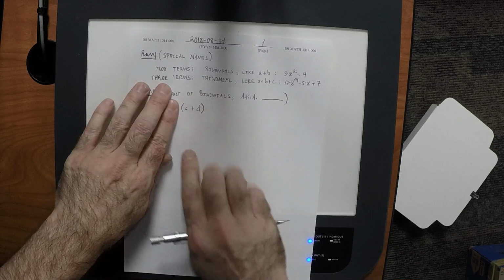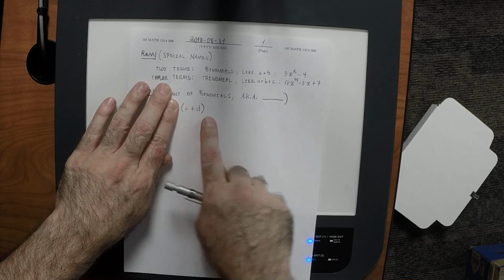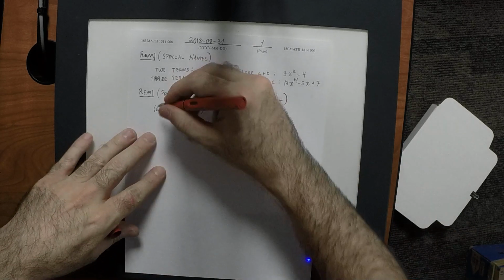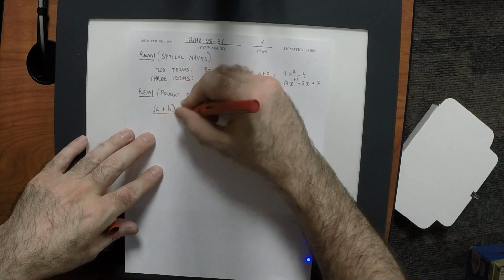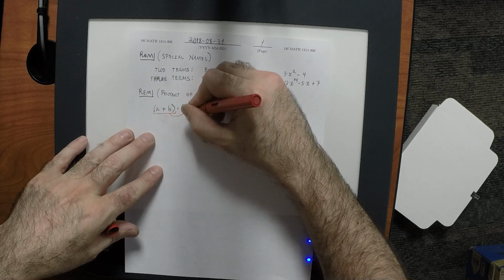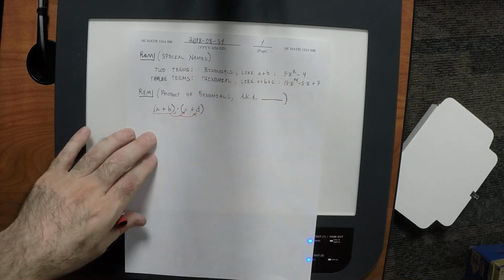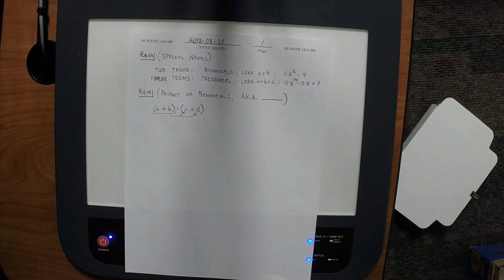A and B, and this one has 2 terms, C and D. All right. So the way we're going to do this is we're just going to distribute, just like we did on the last example of last time. So I'll take this a plus b here, and I'll say, okay, you get a times (c plus d), and you get b times (c plus d), which is why this is called distribution, because it's like handing out, distributing.